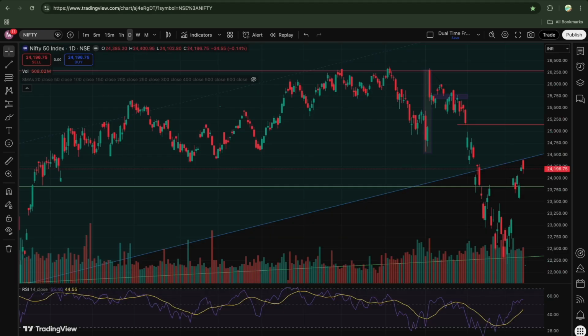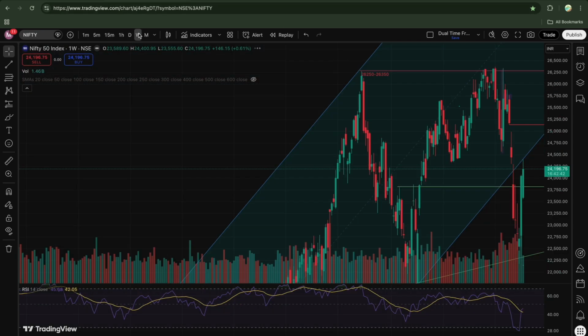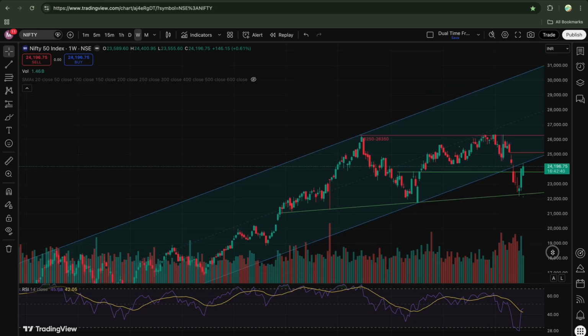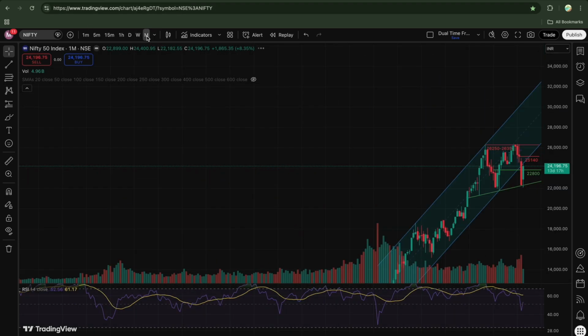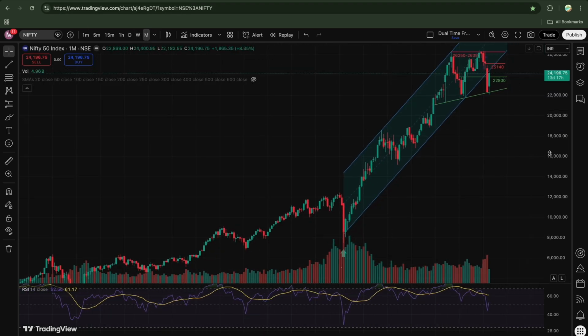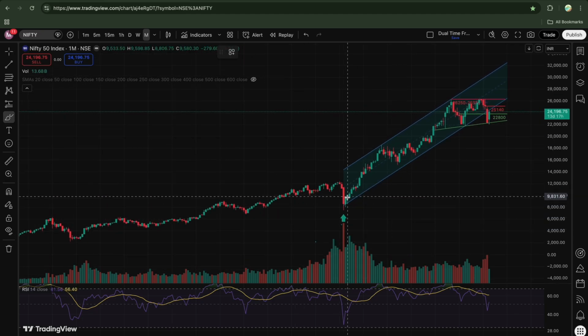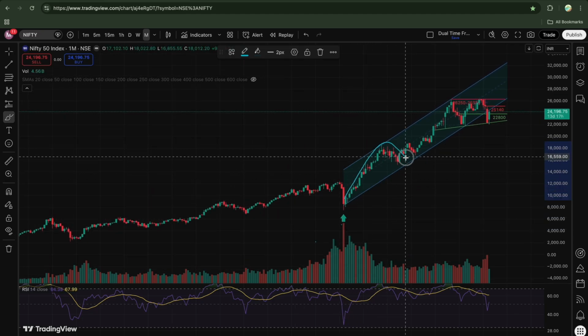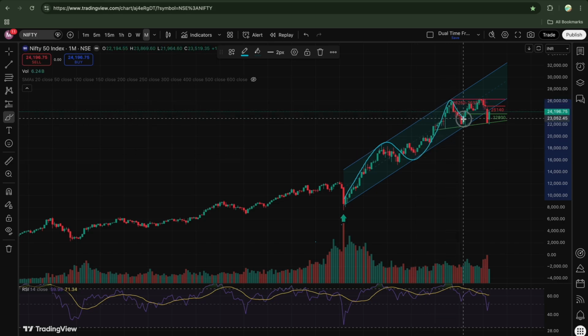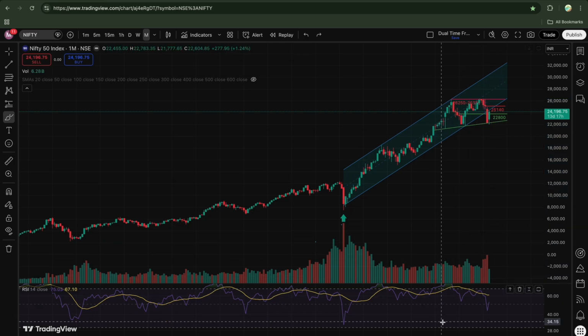Okay, so let us move to the chart of Nifty. Now here you can see that Nifty has been in this range since quite a long time. So it has been since 2020 in this particular range. It has bounced on and off inside this channel before breaking down during the Israel and Iran war.